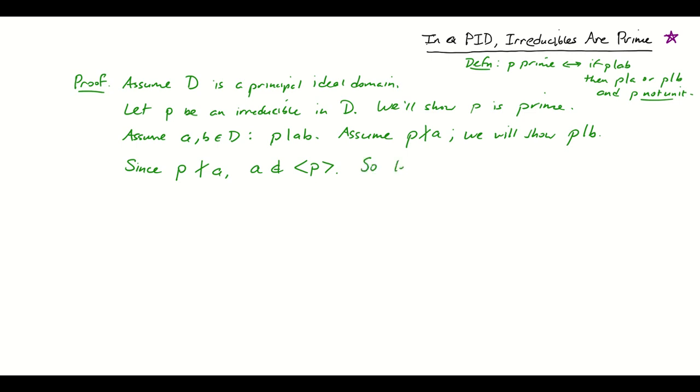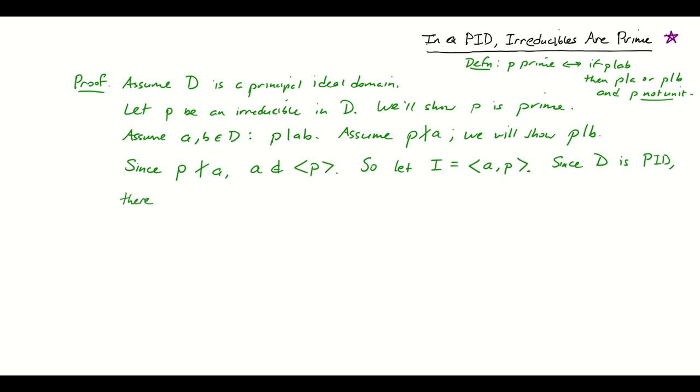So let I equal the ideal generated by A and P. This is a bigger ideal because A does not belong to the ideal generated by P alone. Okay, but this bigger ideal lives inside a principal ideal domain. So since D is a PID, this means that I has to have one generator.